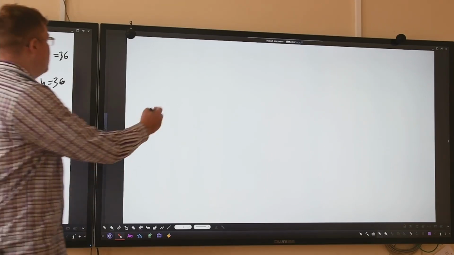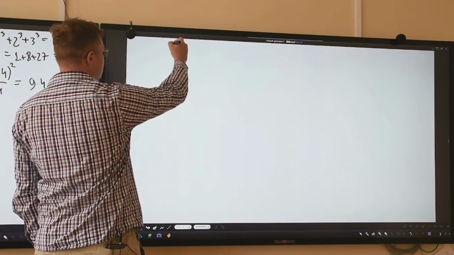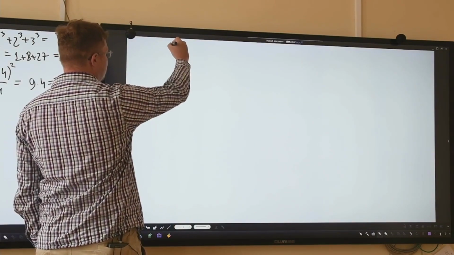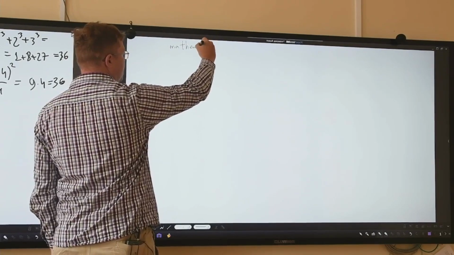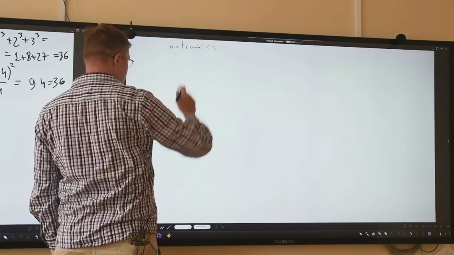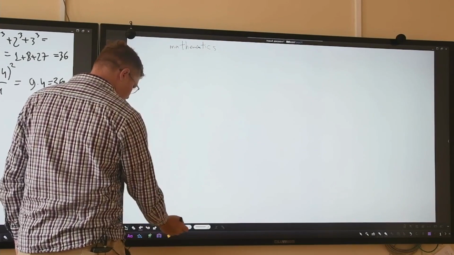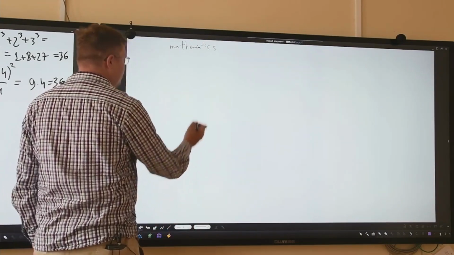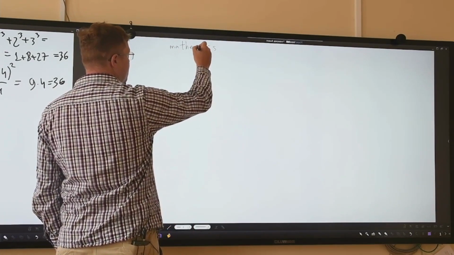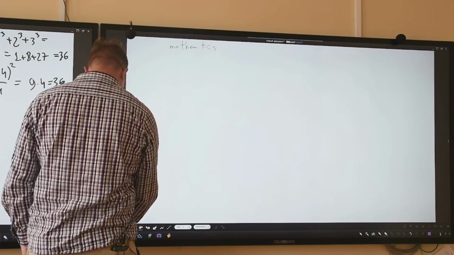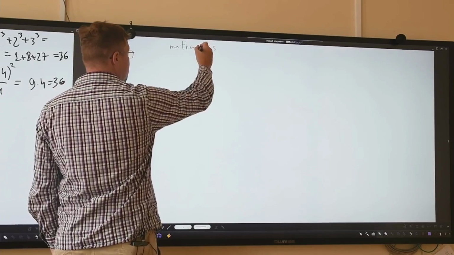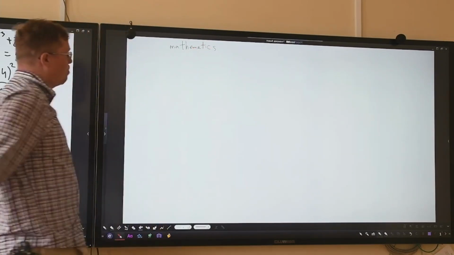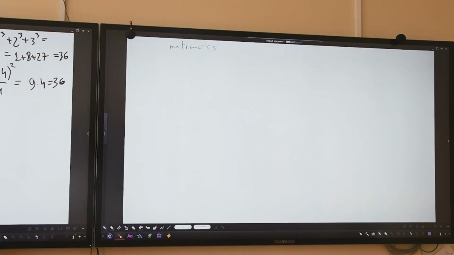So, for example, we have some word. For example, mathematics. And we want to count how many different permutations we can make from this word. So I want to permute the letters.